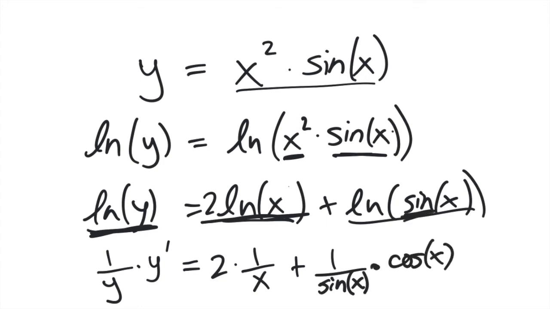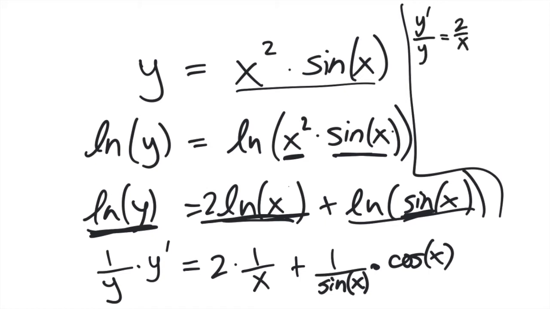And this whole thing simplifies a little bit. I'll go up here, I don't want to go to a new board right now, and we can simplify this a little bit. This is y prime over y equals 2 over x plus, let's see, you have a cosine on top and a sine on the bottom, so plus a cotangent of x.